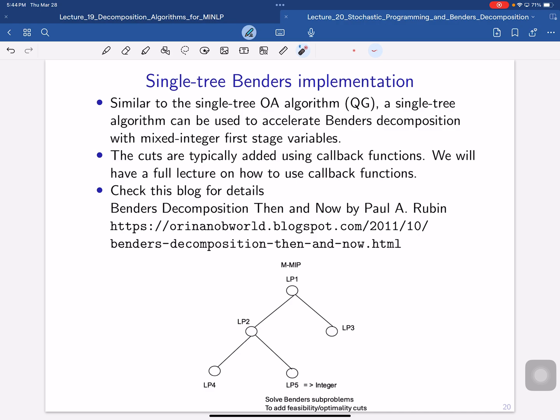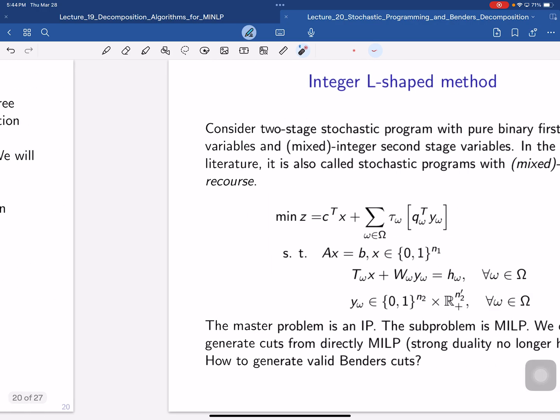To implement that is not very trivial. We will need some callback functions in the solver. We will have a lecture on callback functions in the future. So if you want to read more, there is a very nice blog written by the optimizer Paul Rubin. You can take a look at his blog.